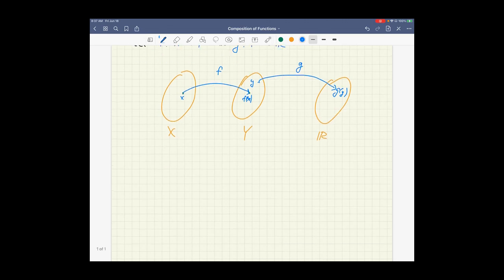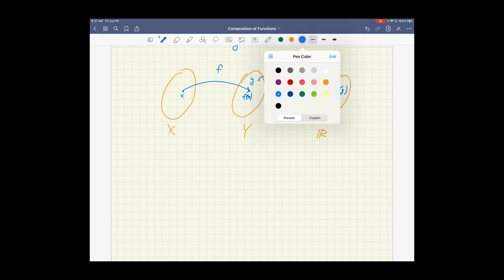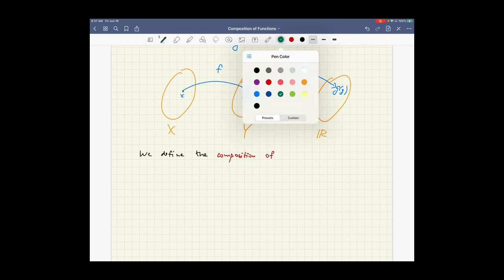We can now define a third function called the composition of g and f.